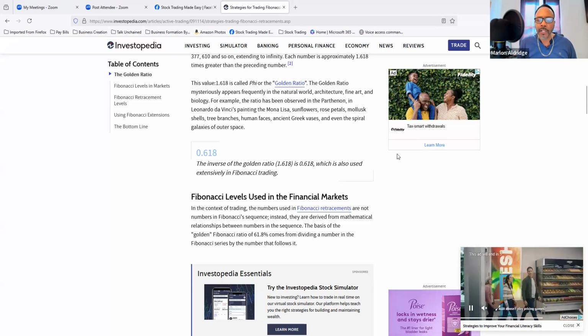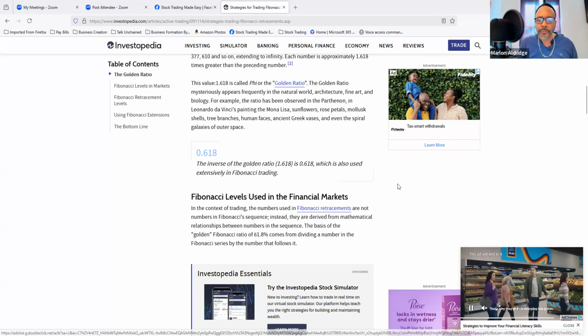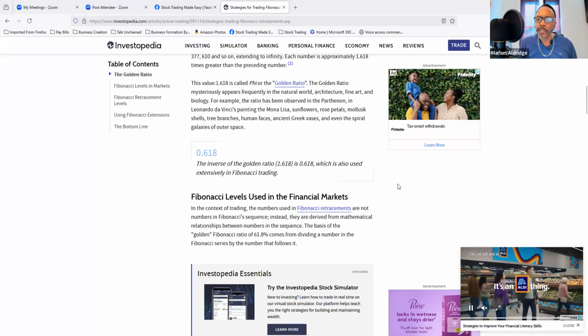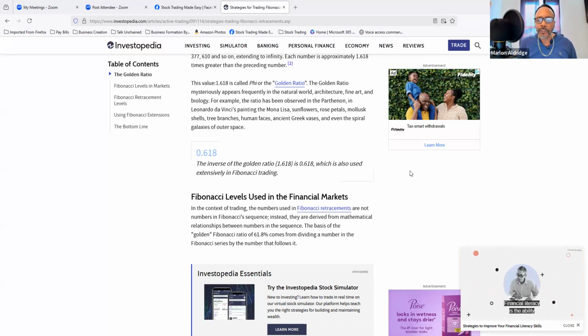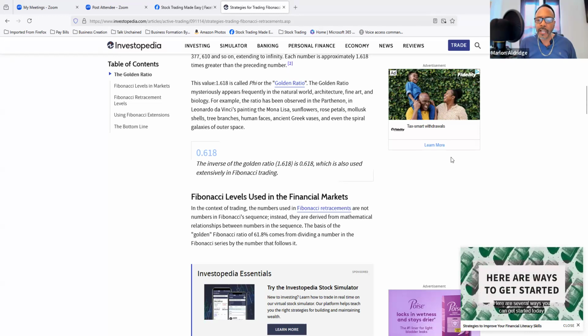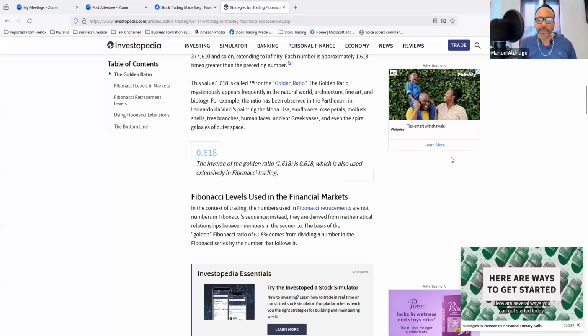The price of the stock has been trending upward, but along the way, it's going to fall back down. There's rarely a period when the stock price or share price is going to continue to go up and never fall back down. So when it falls back down, we consider that a retracement.